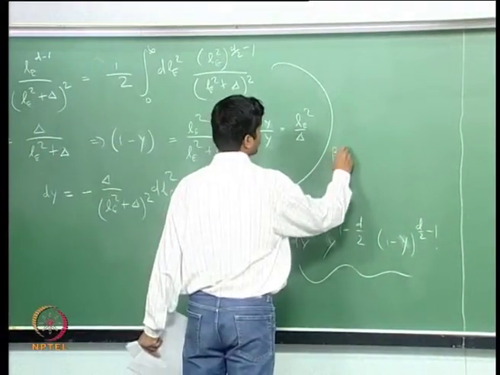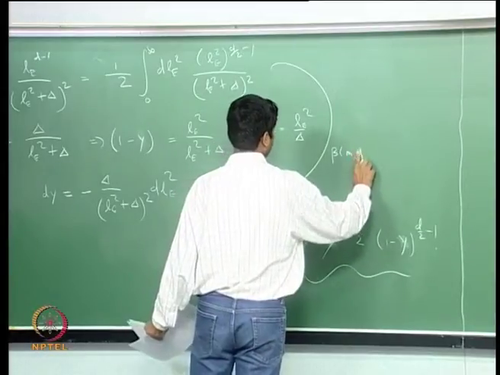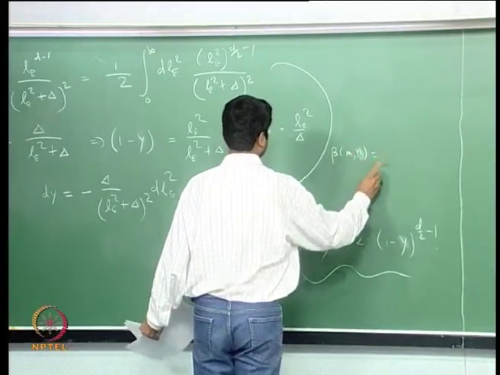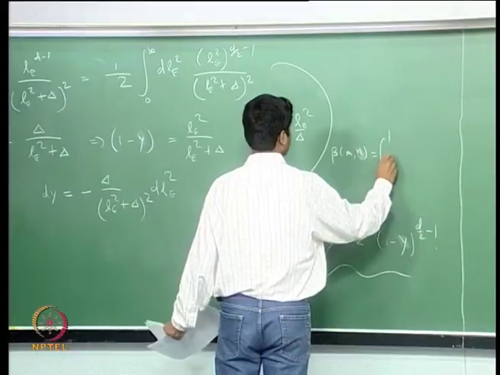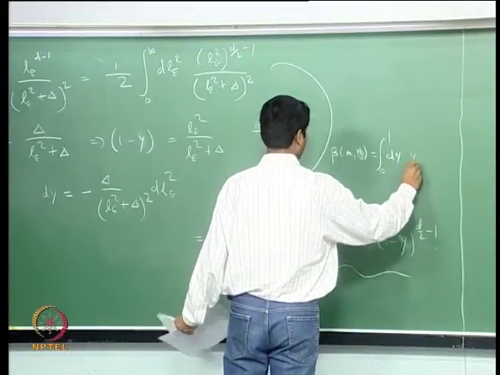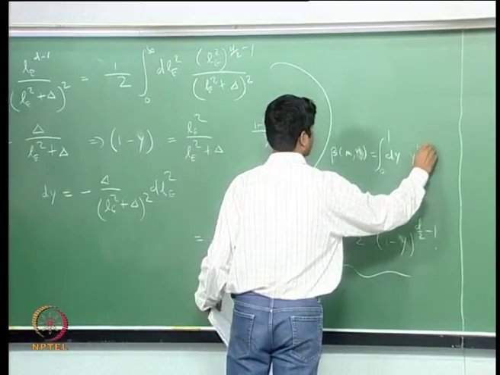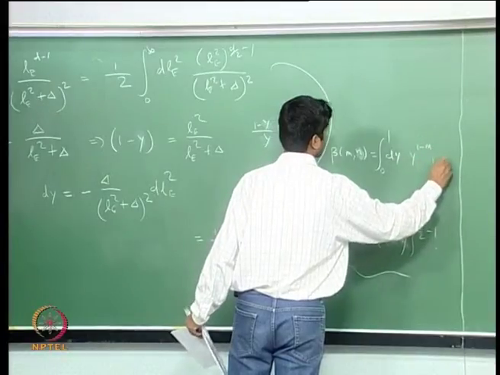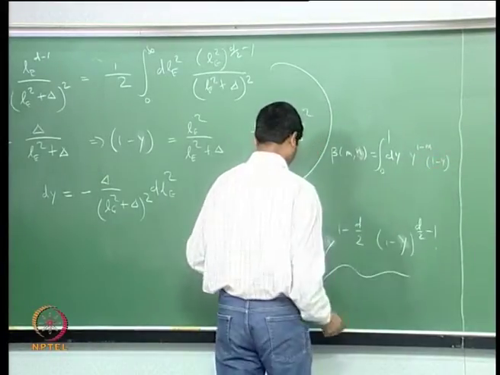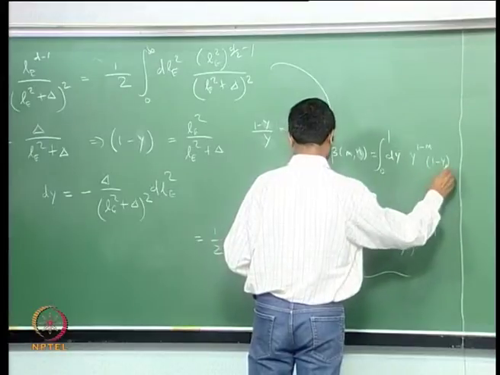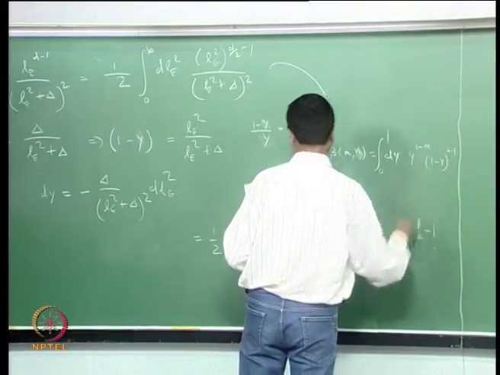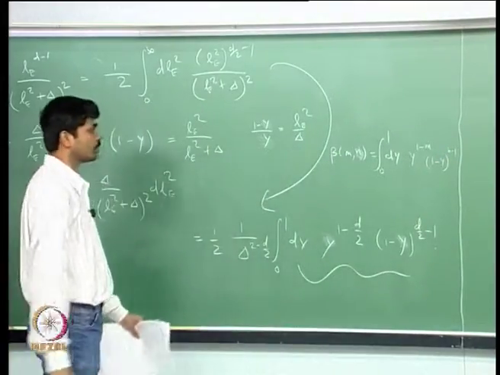Beta mn by definition is integration 0 to 1 dy y to the power m minus 1 times (1 minus y) to the power n minus 1. This is the definition of beta mn.